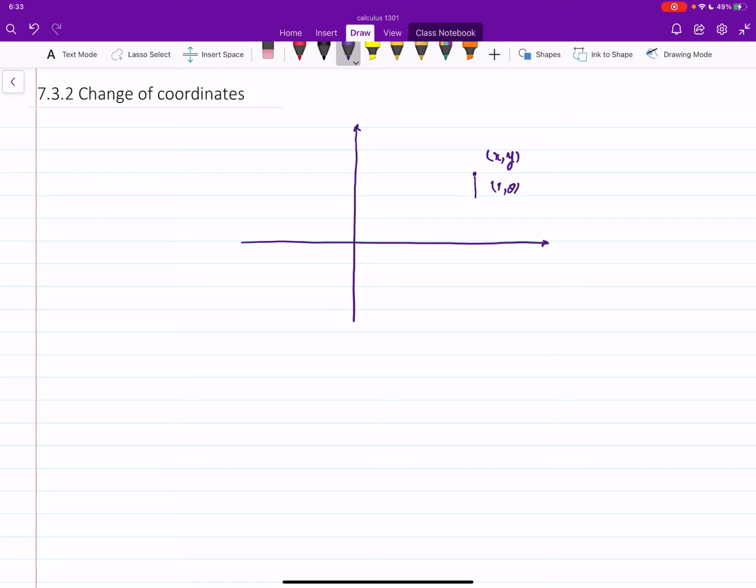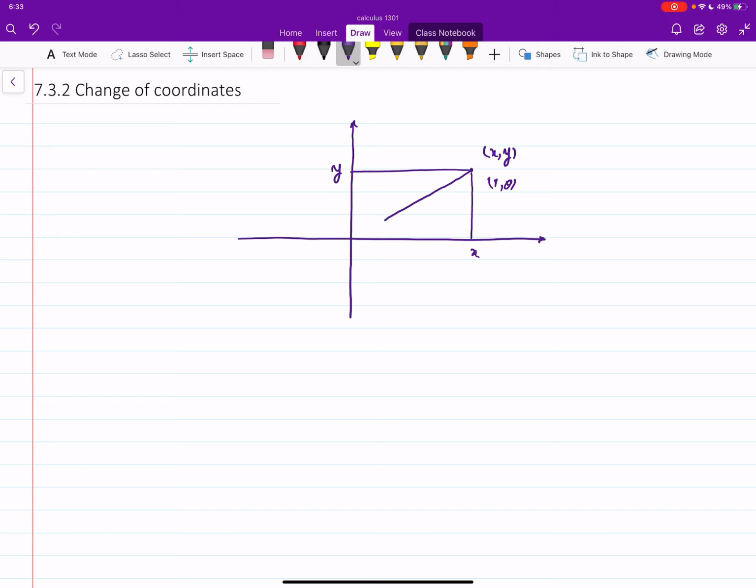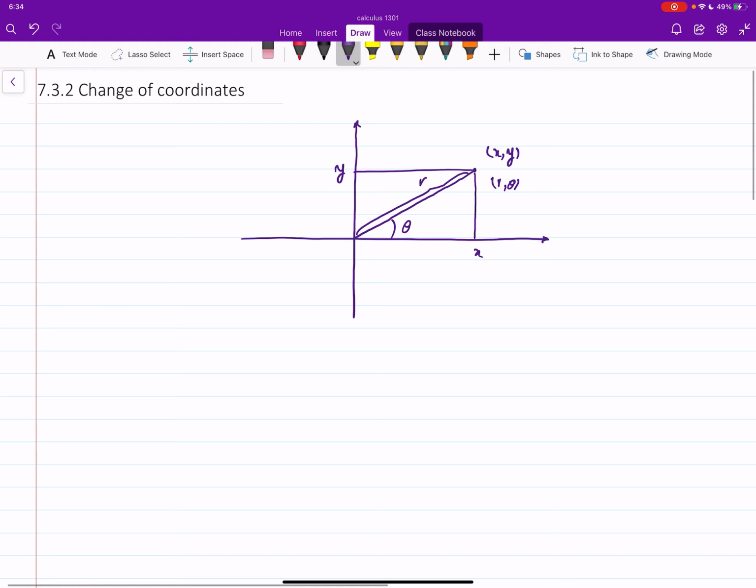While x and y are basically the image of the point on the x and y axes, r and theta are the radial and angular coordinates. For the same point, there is a relation between these two sets of coordinates, and you can turn one into the other.